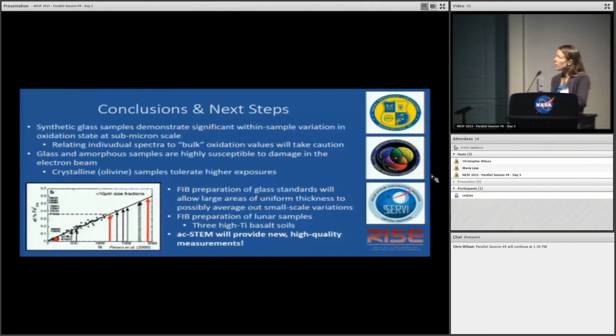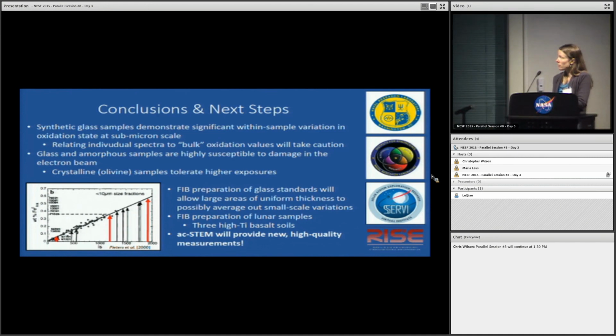So just to wrap up, we see this within-sample variation in oxidation state at a very fine scale, submicron within these samples, which will make it difficult to relate the bulk oxidation values to our measurements, but I don't think it's impossible. These samples are susceptible to beam damage, but we've found conditions at which we don't see that damage.